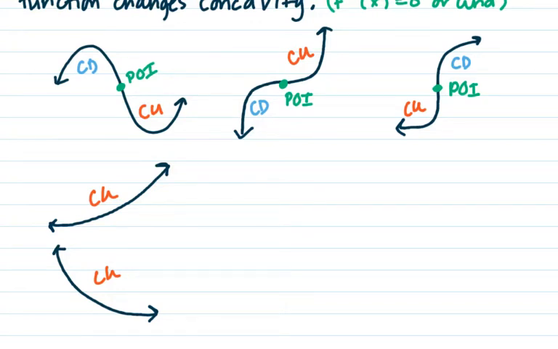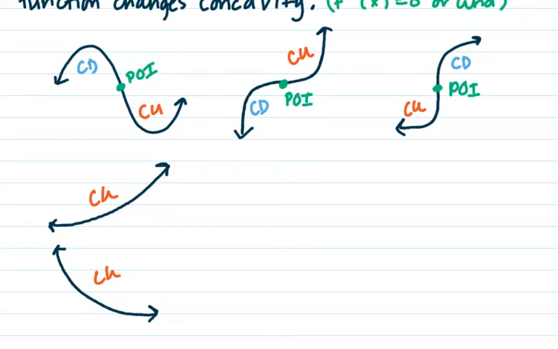And then, of course, the same can be true for concave down. So sometimes we have something like this. And sometimes we have something like this. Okay, I guess it probably would have made sense to flip-flop these. Sorry, I get too OCD about this.